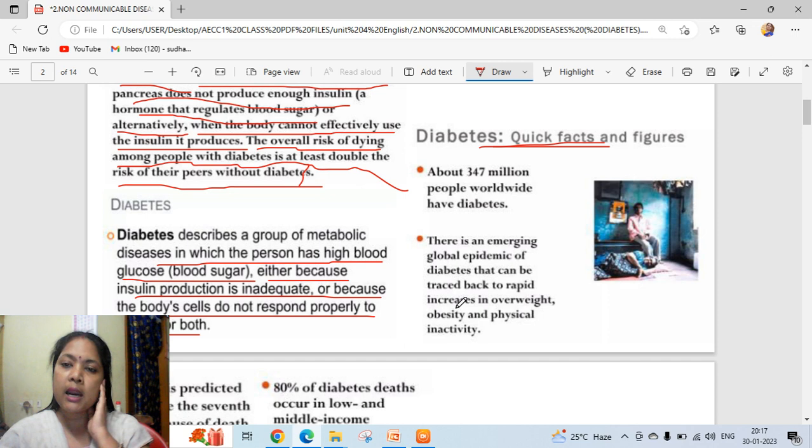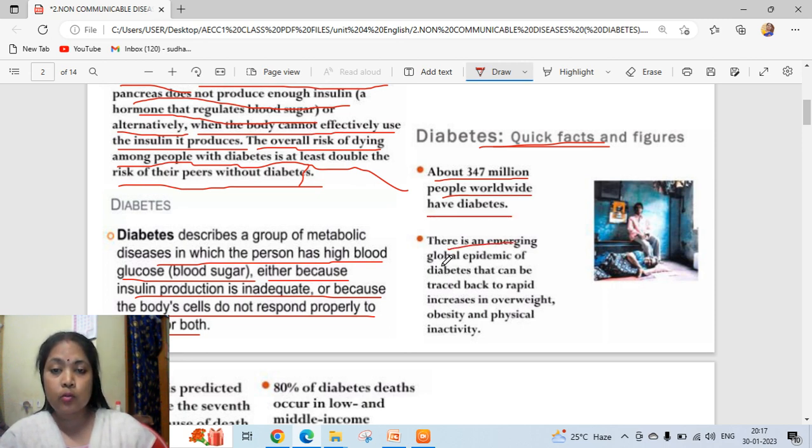Let us give a quick fact and figures related to diabetes. About 347 million people worldwide have diabetes, and there is an emerging global epidemic of diabetes that can be traced back to rapid increases in overweight, obesity, and physical inactivity.